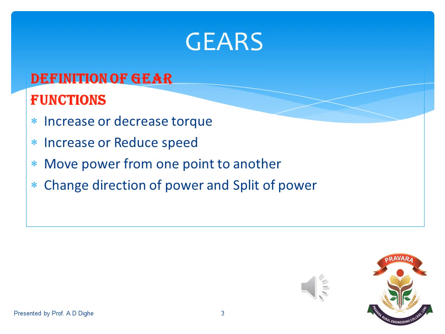The main function of the gear is to transmit the power and speed and increase the torque. If we list the functions of gears: first, to increase or decrease the torque; then to increase or decrease the speed; then to move the power from one point to another point, change the direction of power, and split the power.